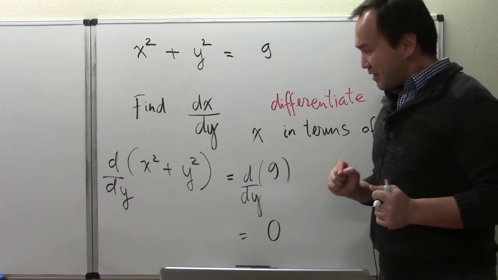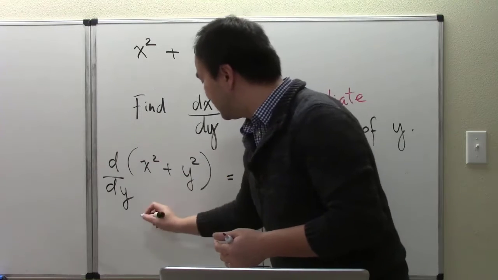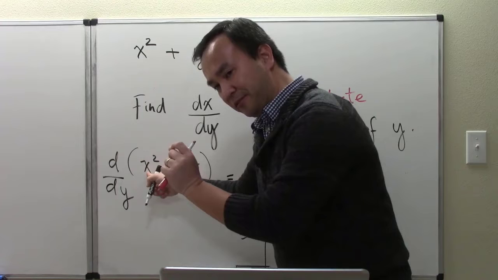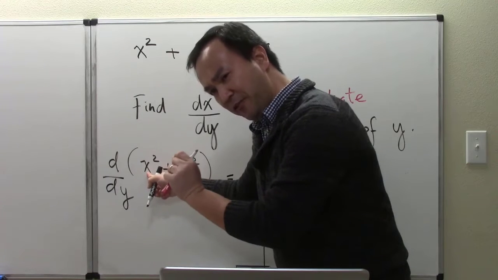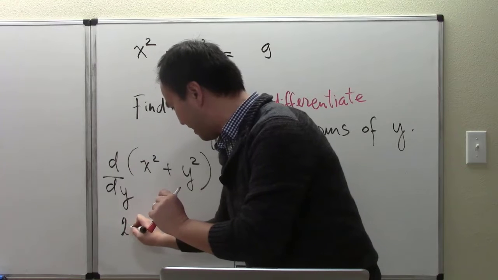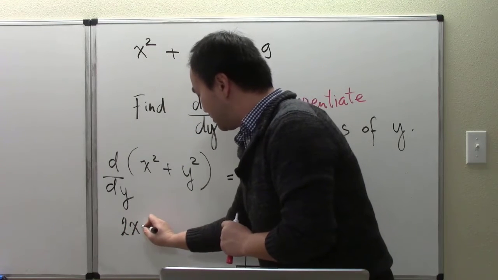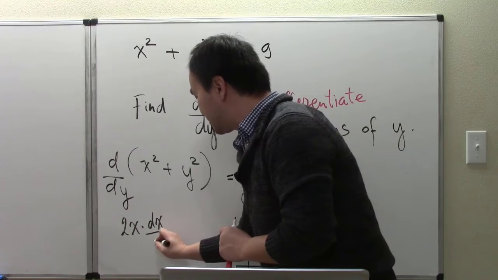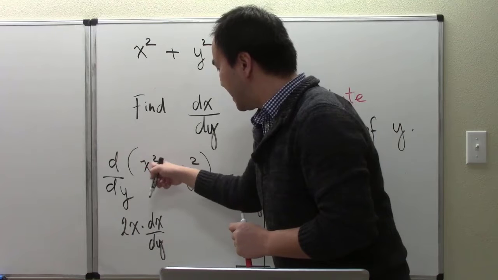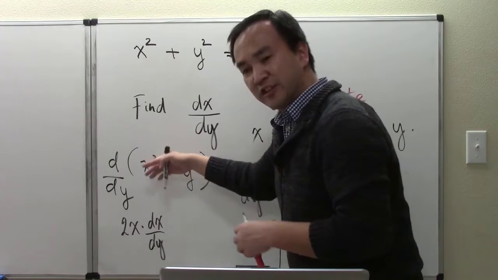And now, just like how we did for the other case, for my first term, think of the x as already an implicit function of y. That means the chain rule explains that we must have 2x as the derivative of the outside, and multiply with dx dy as the derivative of the inside, because x squared here has an inside function being x, and the outside function is the square function.